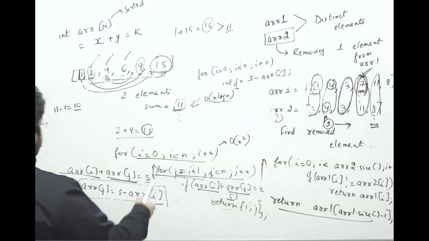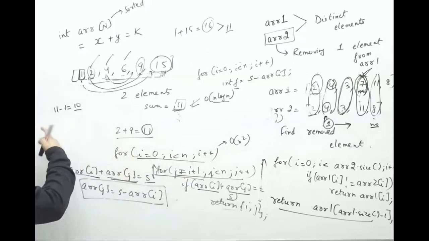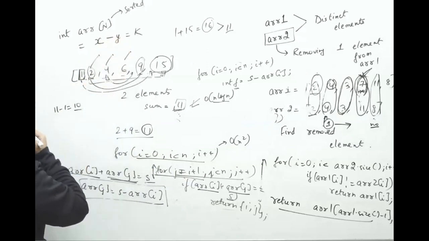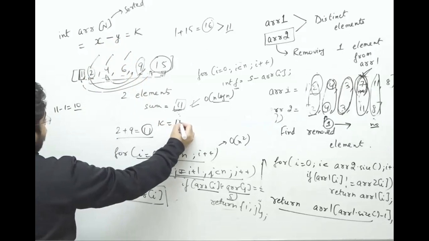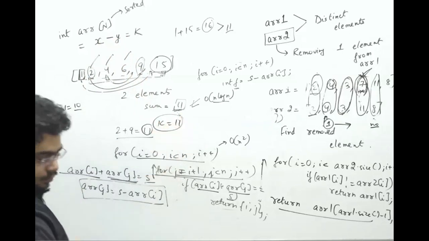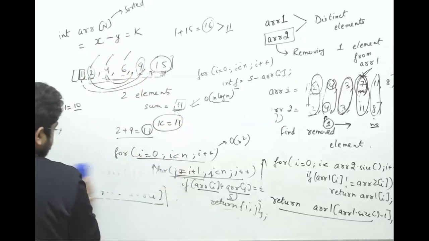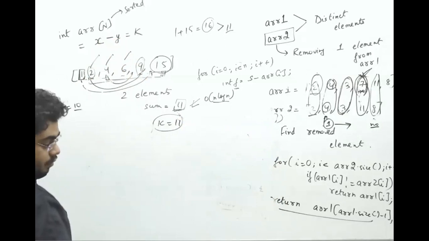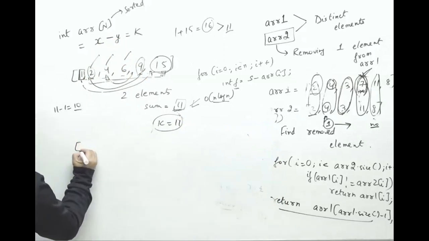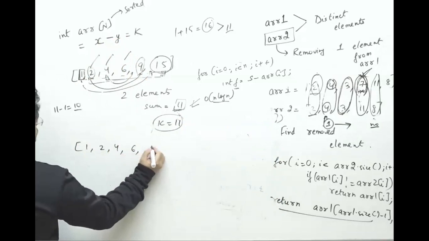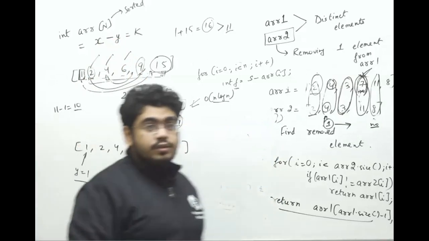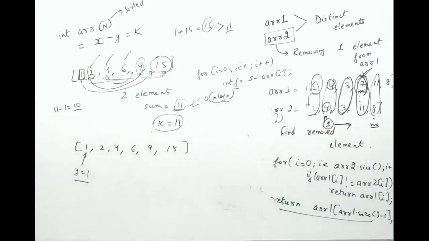approach with a difference. Let's say we had to find two elements whose difference is k, and let's say k is 11. So when we fix y equal to 1, what do I need to search as its pair?